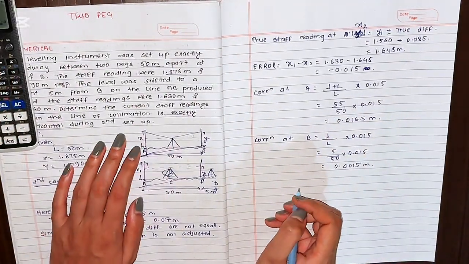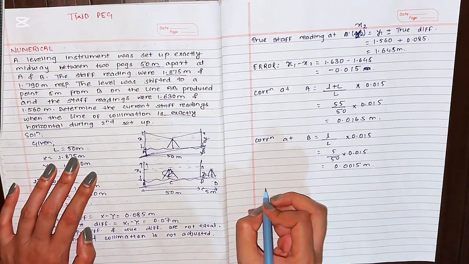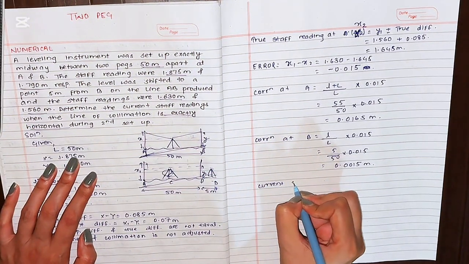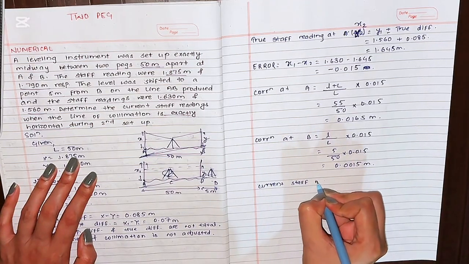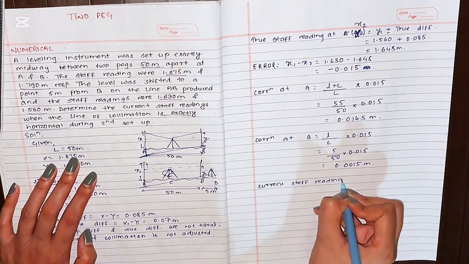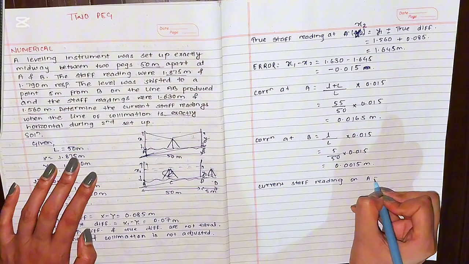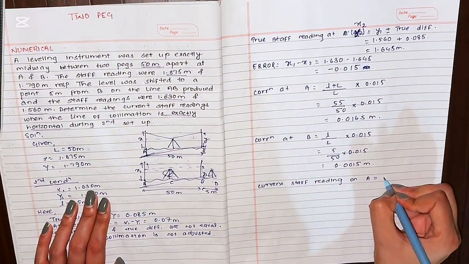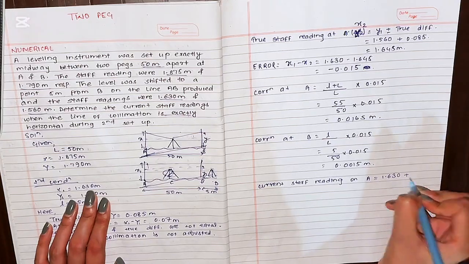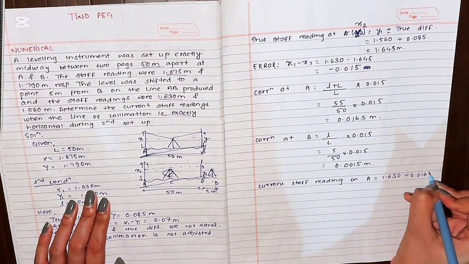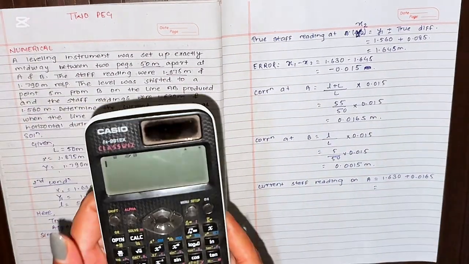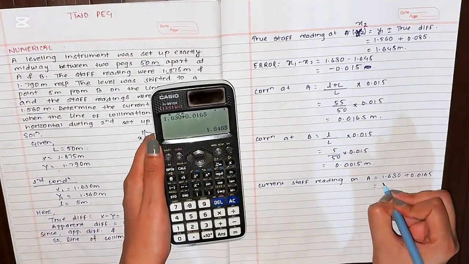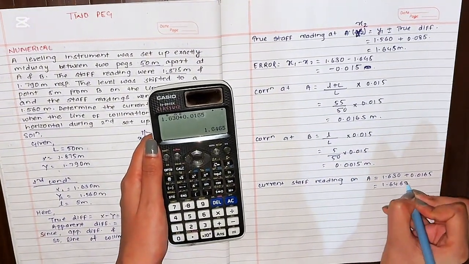Now the correct staff reading on A will be equal to X1 plus correction at A, that is 1.630 plus 0.0165, which is equal to 1.6465 meter.